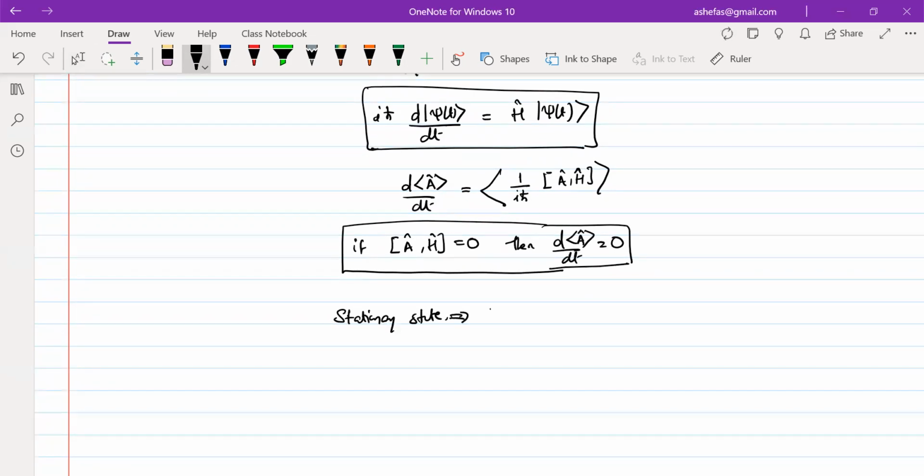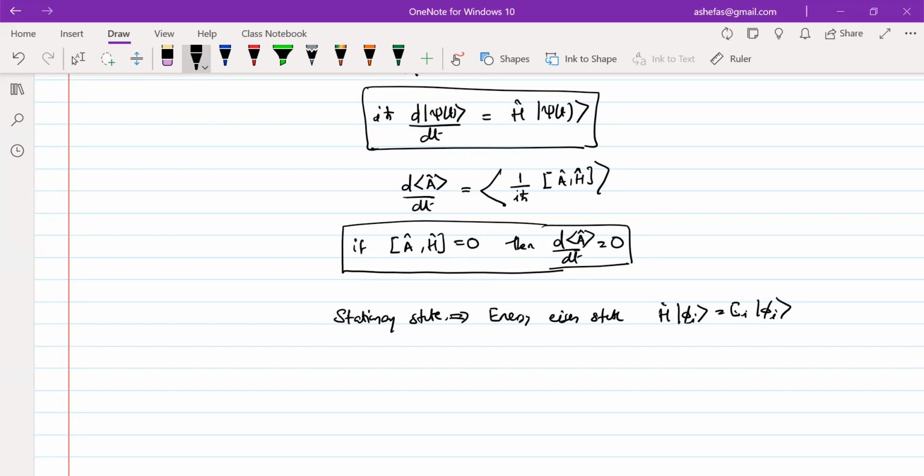Stationary states are nothing but energy eigenstates, H φ_i = E_i φ_i. And we saw that if the system is already in the energy eigenstate or in the stationary state, it will remain in the state forever.